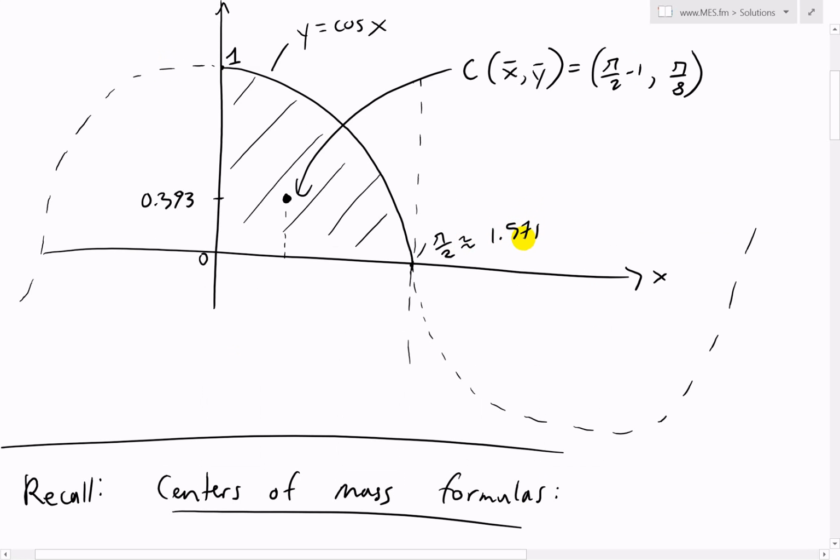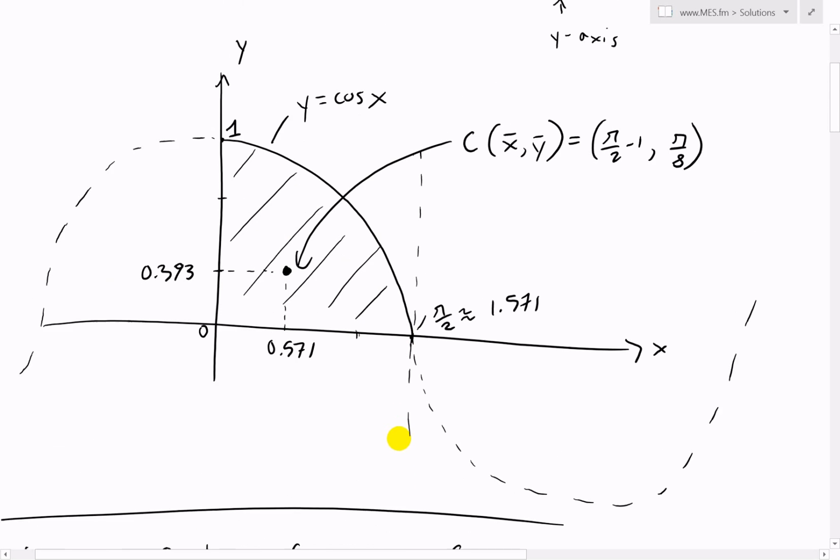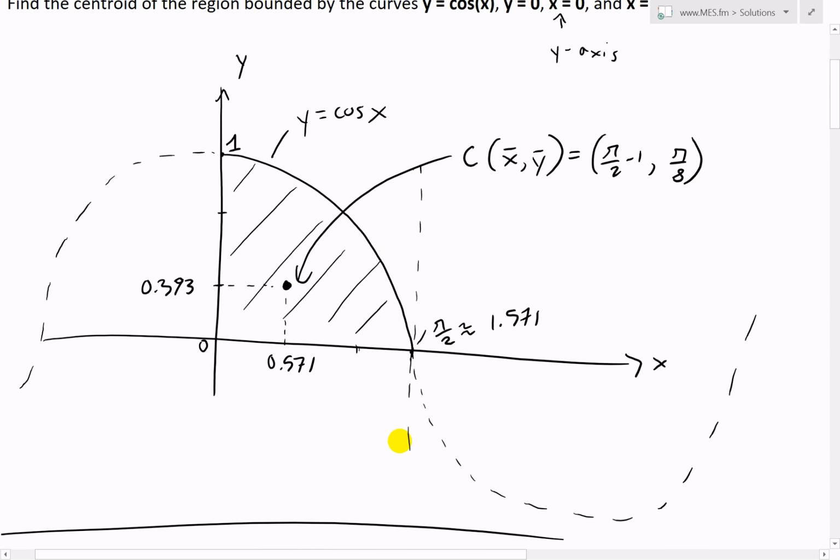So a third of that is our 0.571. So it's about roughly there. As you can see, this is about a third of this, and this is about a third of that, which is pretty much where I guessed our centroid was going to be.